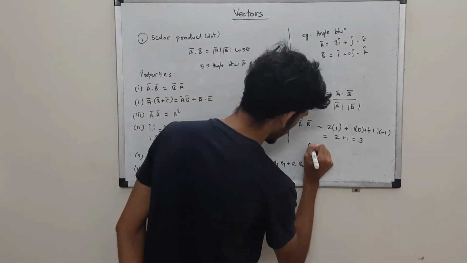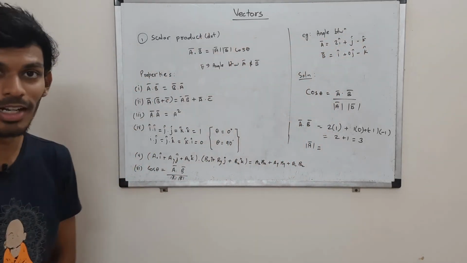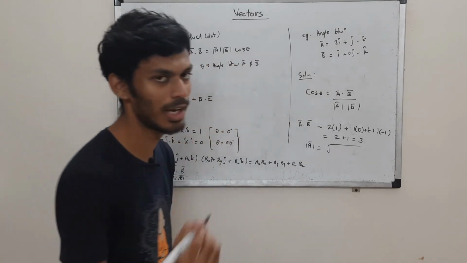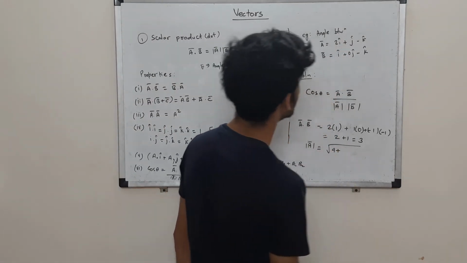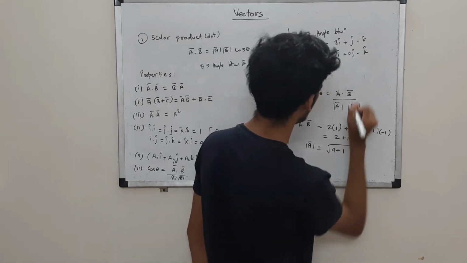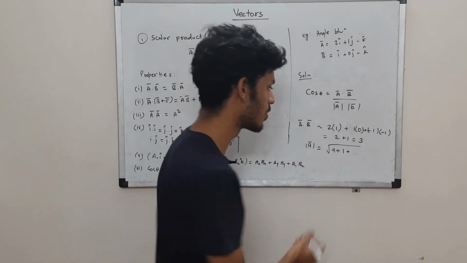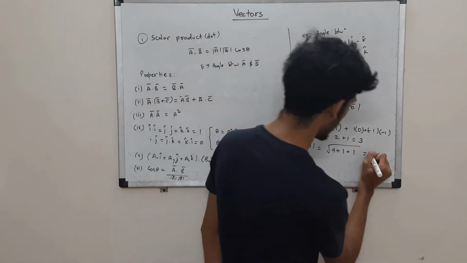What will be the magnitude of a? How do you find the magnitude in component form? You square the components and add them. So 2 square is 4, plus 1 square is 1, plus minus 1 square is also 1, so 4, 5, 6, under root 6.